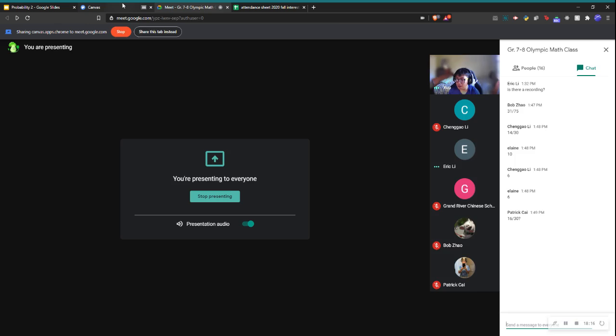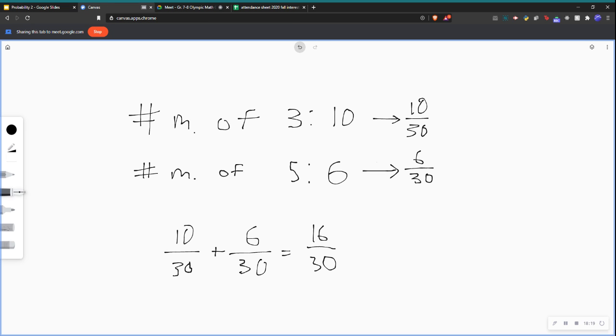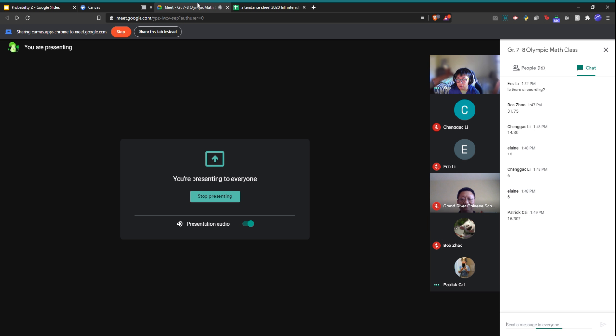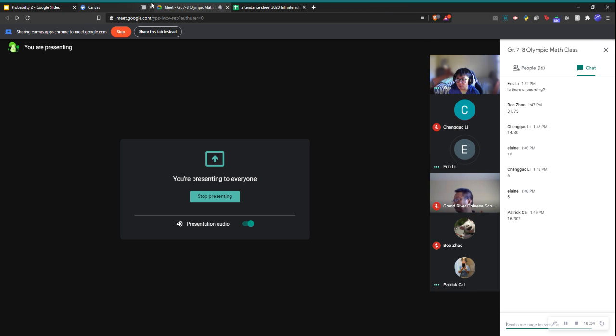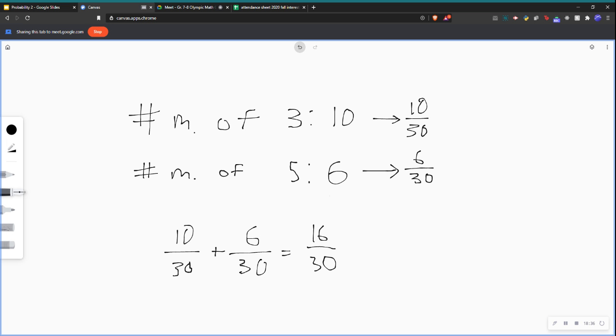Yeah, so as Patrick said, we double counted multiples of 3 and 5, so numbers that are divisible by both numbers. And this is just multiples of 15. All right, guys. So we double counted multiples of 15, right? So those are multiples of 3 and 5.